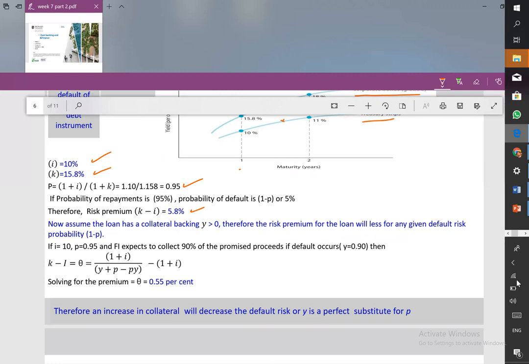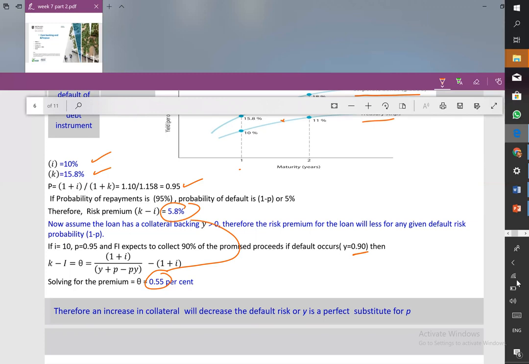When we bring the collateral, if we assume the collateral is 90%, which means it covers 90% of our loan, then see how much the premium drops. I used to have 5.8, and it drops now to 55 basis points.